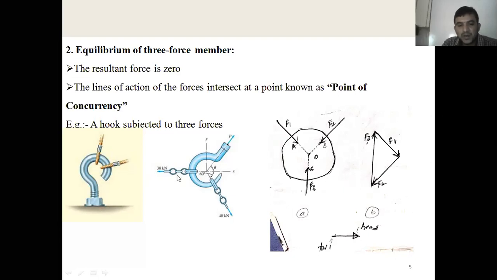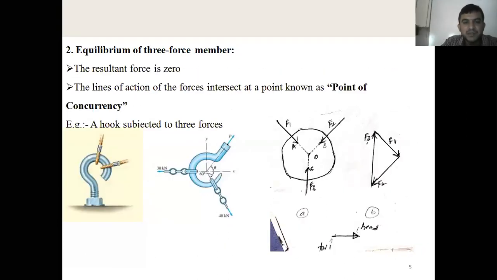We use ropes or wires to lift the load. Again, the crane hook is subject to how many forces? Three forces. To make it stable, the lines of action of all three forces should meet at a point, the point of concurrency, and there is no resultant force acting on the body. Yes, any doubt?